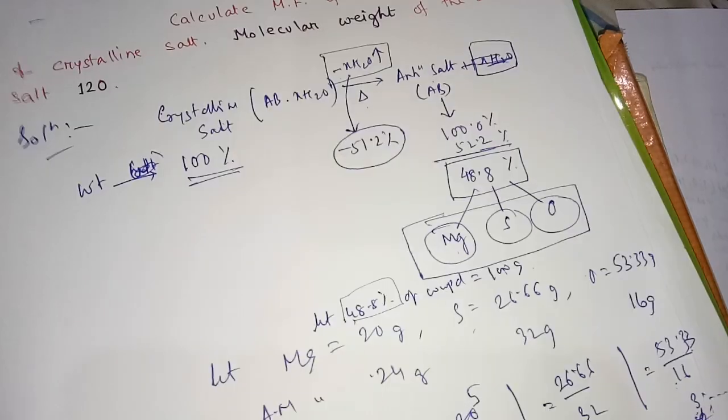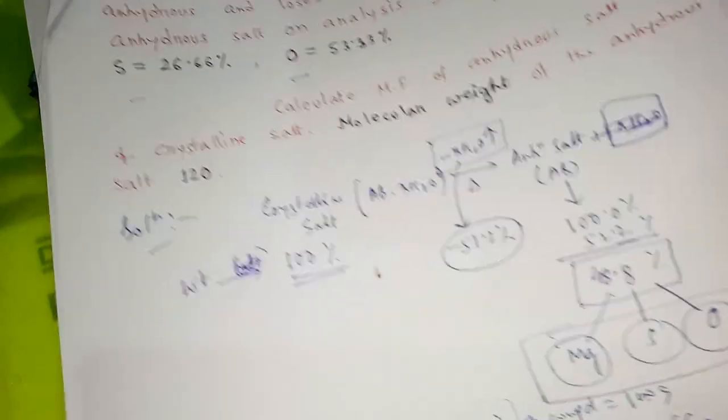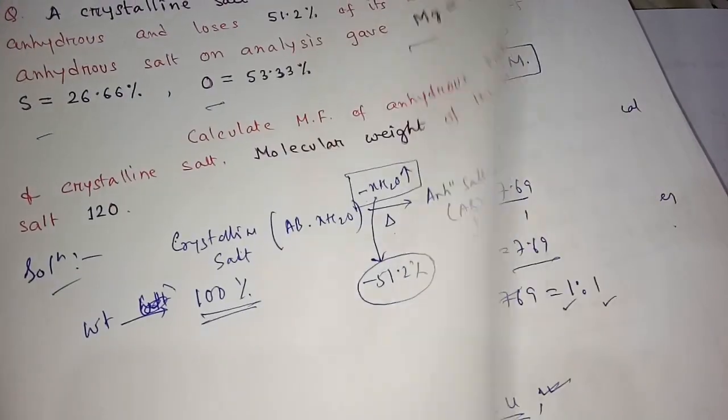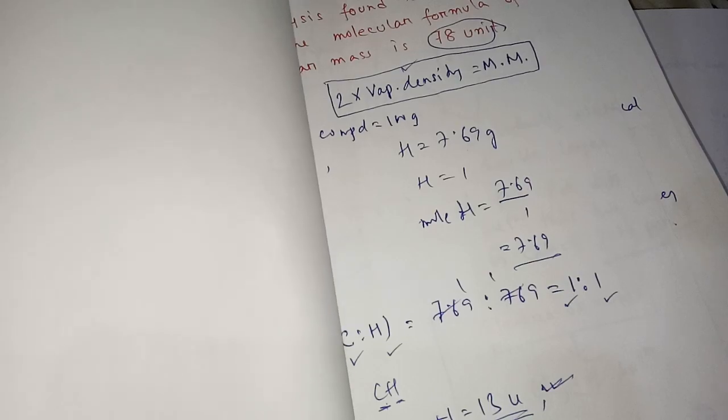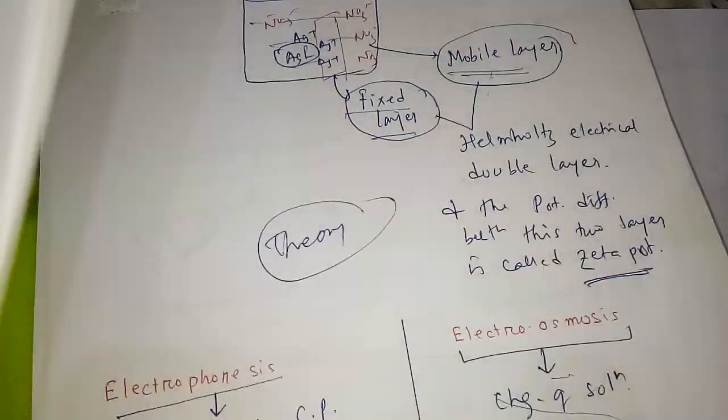Next step, student, we have to find the empirical formula mass. Again I am telling you, write the question in a copy and solve it the way that I am solving it. Follow the procedure and you will get the answer.